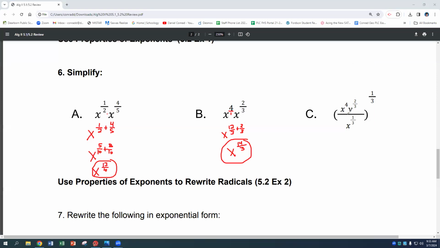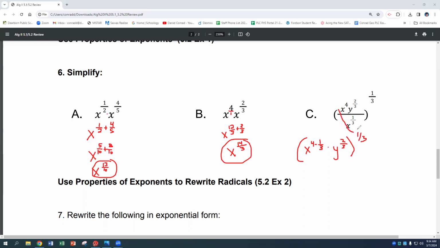X's, so I can subtract because I'm dividing here on my x's. So I'm going to do x to the 4th minus 1/3 times y to the 2/3, right? And then this is all to the 1/3.